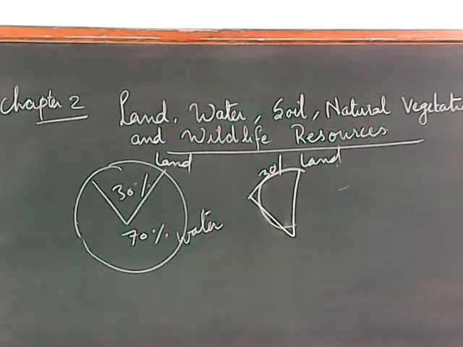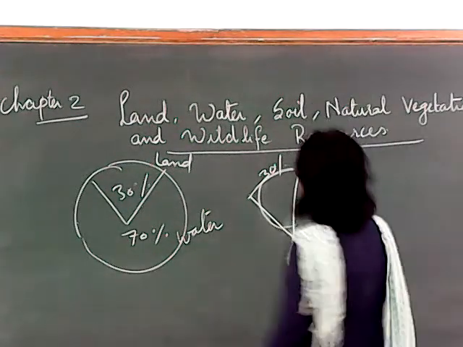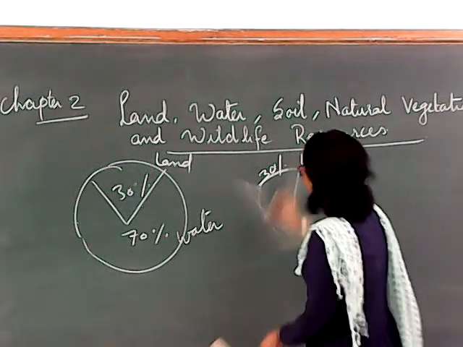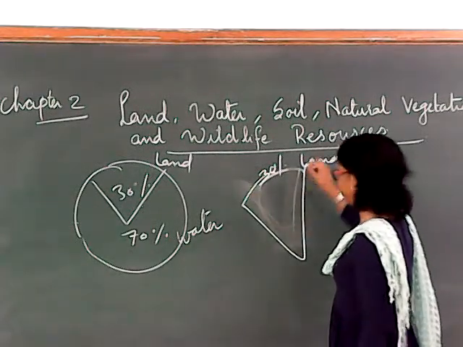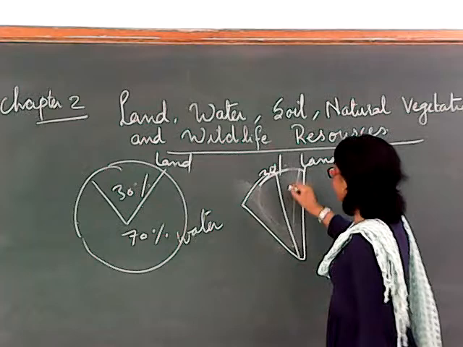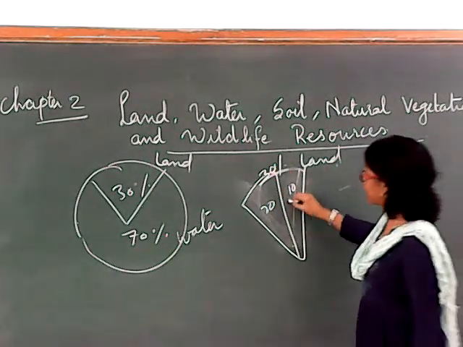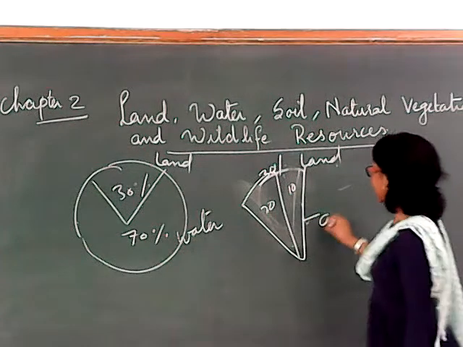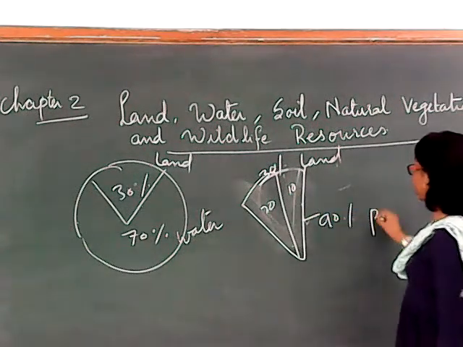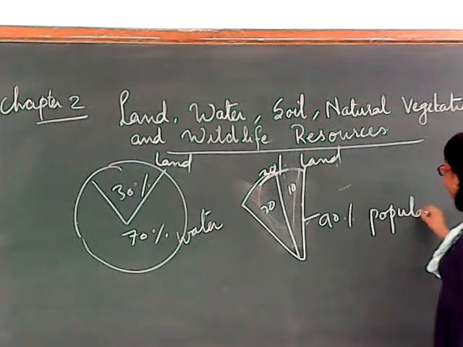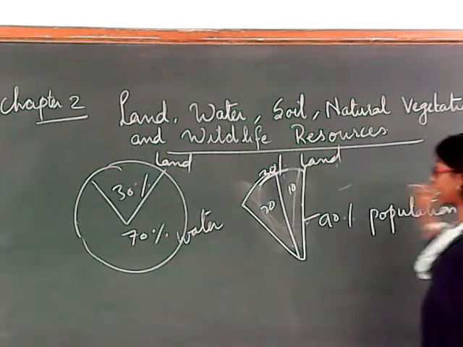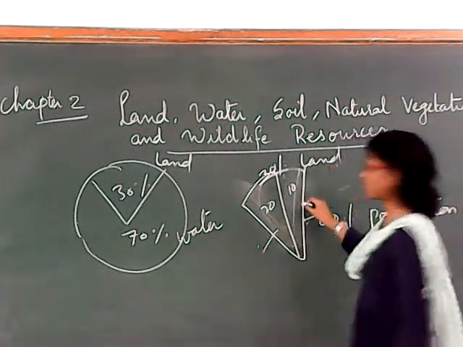90% of the population. This 10 and 20 equal to 30. This 10% of the land holds 90% of the population, and the rest is 20%.